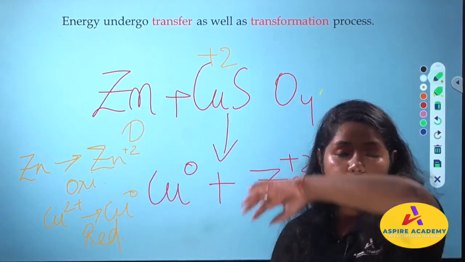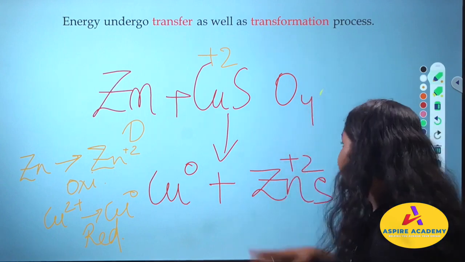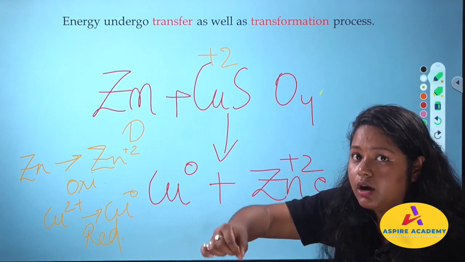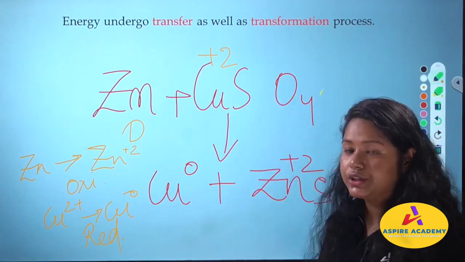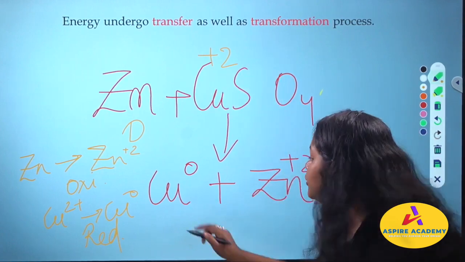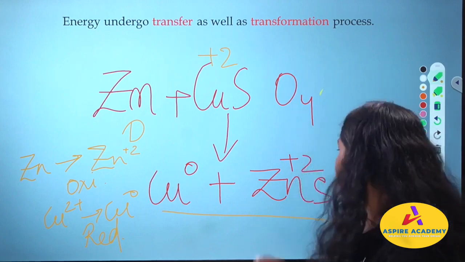See, so much of a struggle, and finally they came to the equation Zn plus CuSO4. Obviously you had a zinc rod and you dipped it in CuSO4 solution. So when this happened, this reaction actually took place, that is Cu plus ZnSO4.